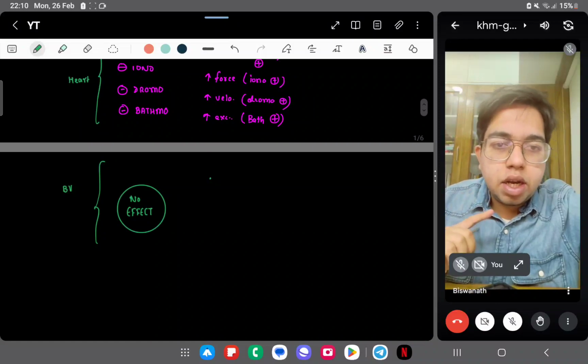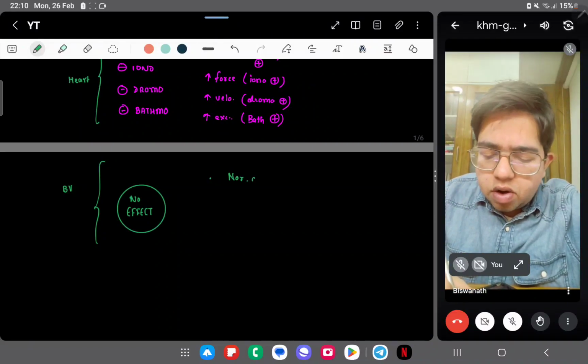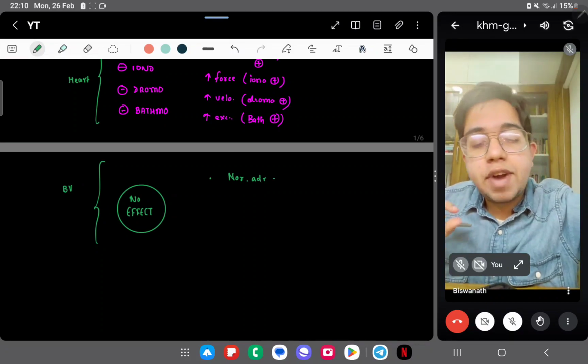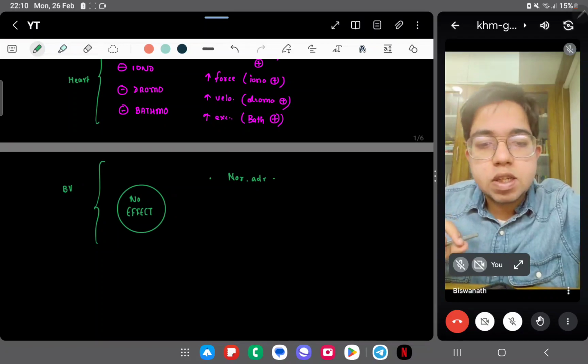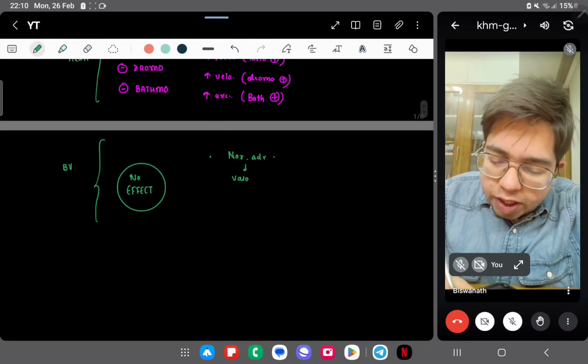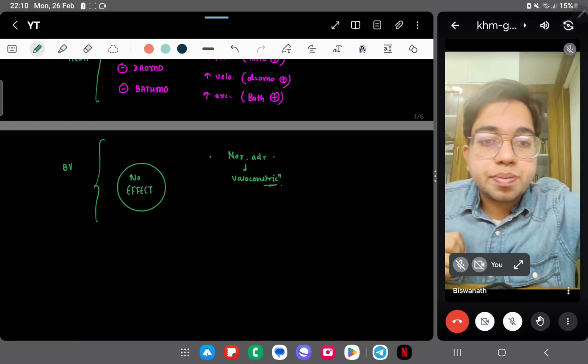Adrenaline and noradrenaline. What are the effects of noradrenaline on your blood vessels? It will cause vasoconstriction.